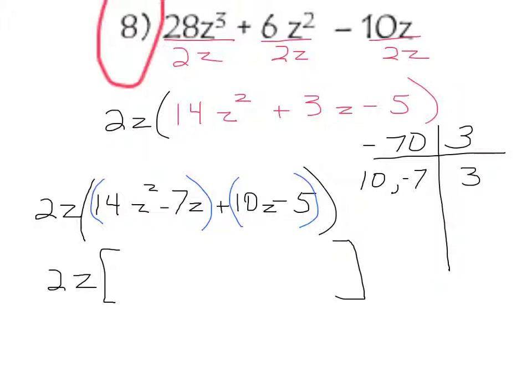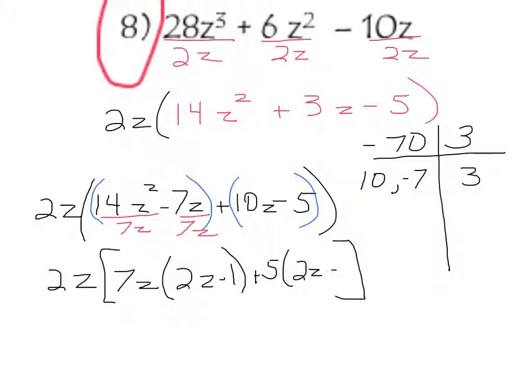So we pull out a 7z, and let's go ahead and divide by 7z, and we're left with 2z minus 1. In the second case, we can pull out a 5, and we're also left with 2z minus 1.